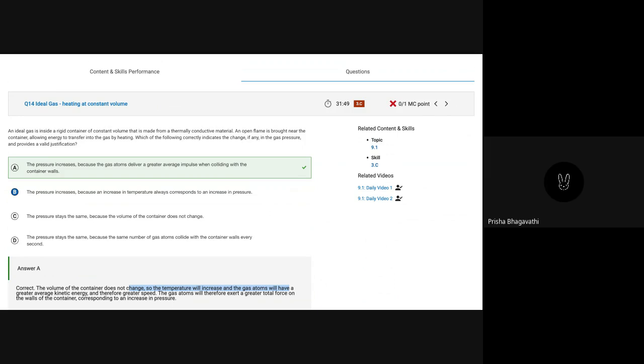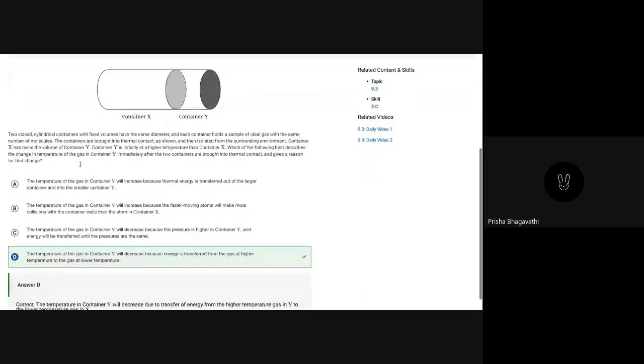To control the pressure, for example, in an airplane, you have a constant pressure, and we change the temperature, we change the volume. This is very strange, but that is true.